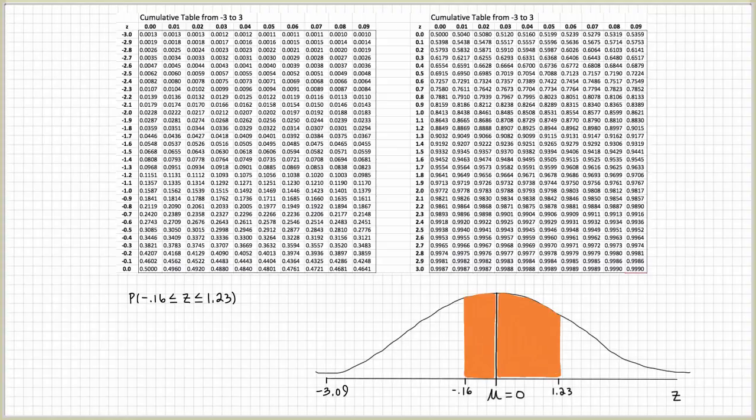And let's look up in the z table, negative 0.16. That's going to be on the left table. Negative 0.16, right? So think of it as money, 16 cents. So first we look for 10 cents, and remember, we're looking for 10 cents in the ones and tens column, okay? Where is that?